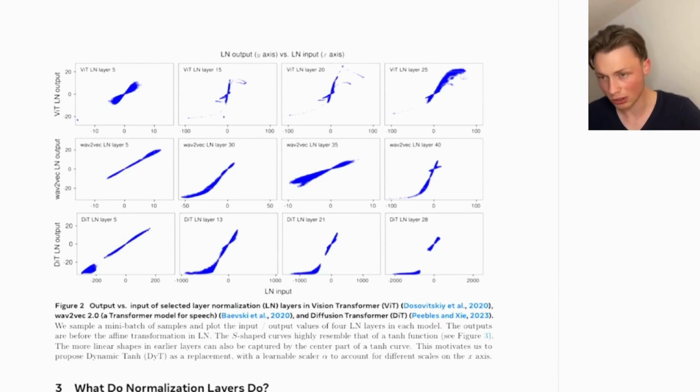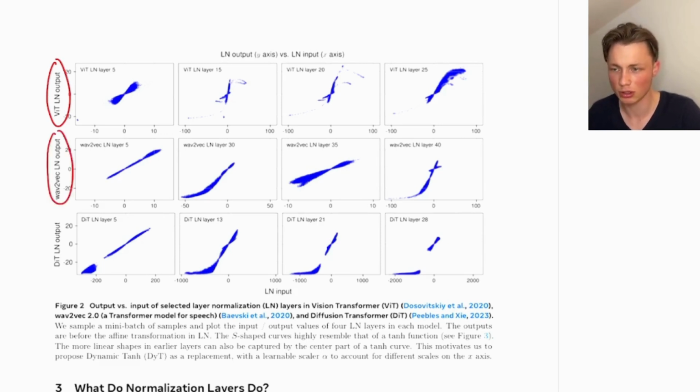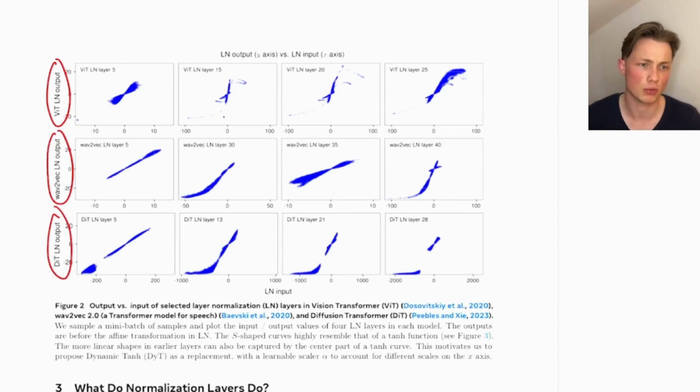So what we are seeing on the left side, we have different models. For example, we have the ViT, we have wav2vec. wav2vec is a language model, ViT is for the computer vision domain, and then we have DiT. DiT is for generative models, diffusion models.